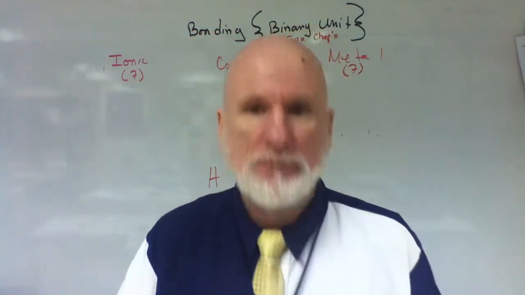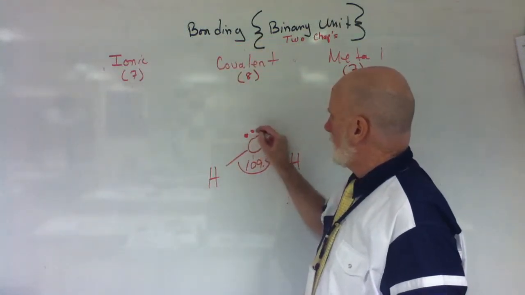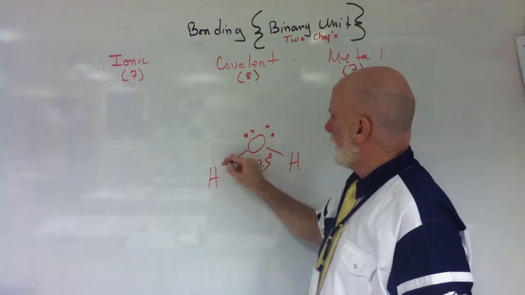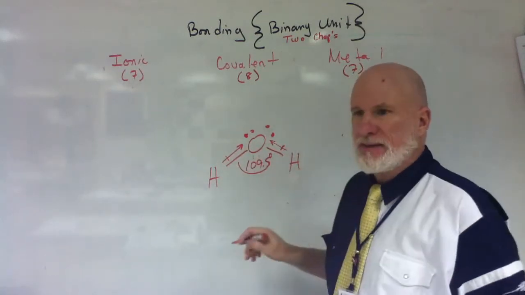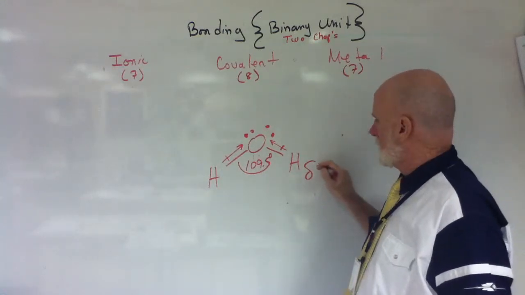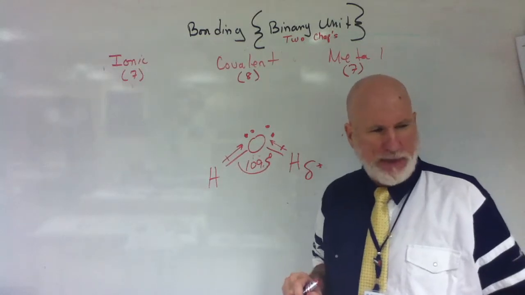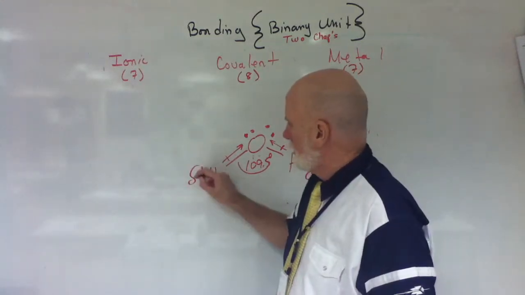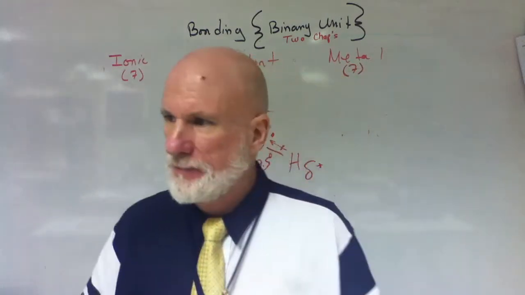Excellent. And you have an unbonded pair here, you have a dipole going here. So you get these lowercase sigma, which means partial positive charge. Does that make sense? A partial positive charge and a partial negative charge, correct?